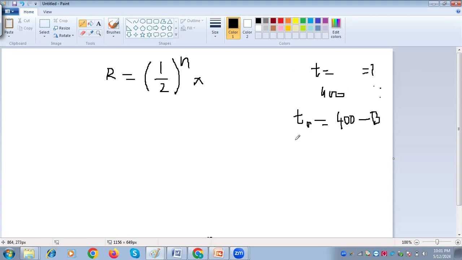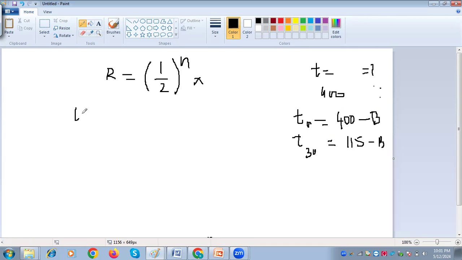And at t equals to 30, what was the count present? That was 115. So 115 minus B. Okay. So what is the fraction remained? The actual count remaining after 30 hours is 115 minus background. This B represents background.